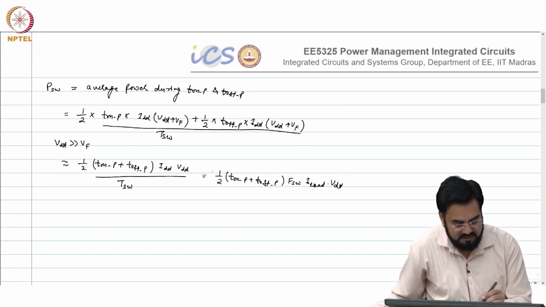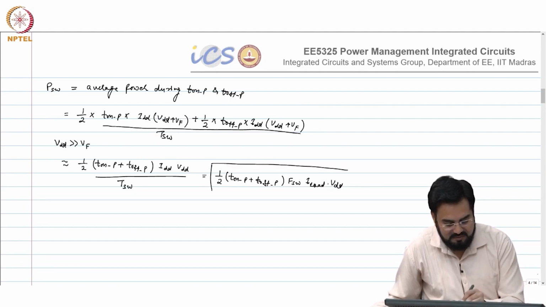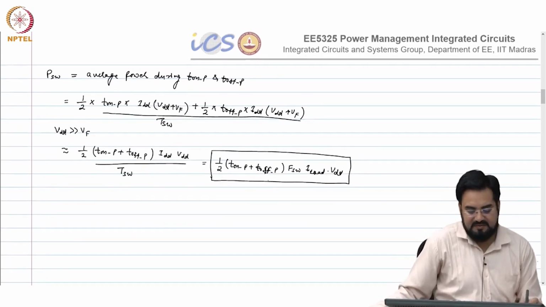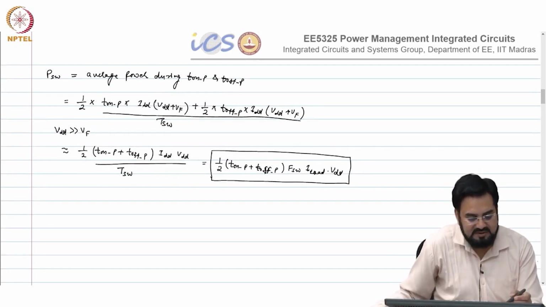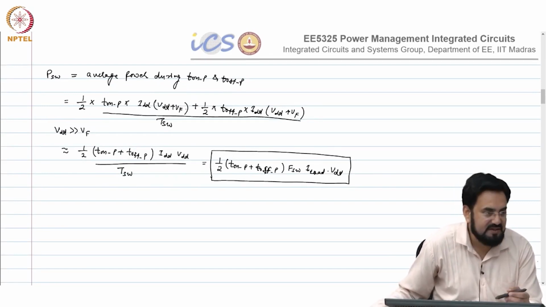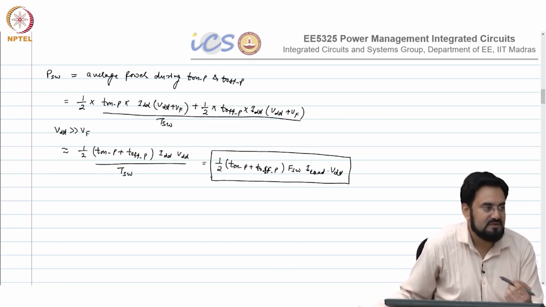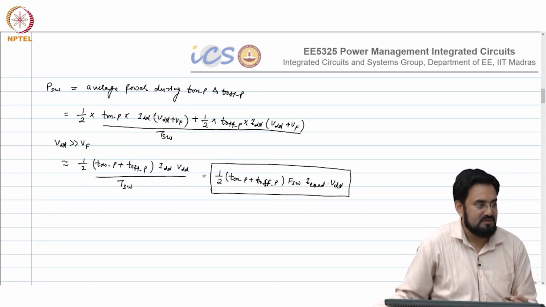So, this is what you remember actually, but if you are given the values of VDD and all those, and you find that VF is not as small compared to your VDD, then you have to take into account that.